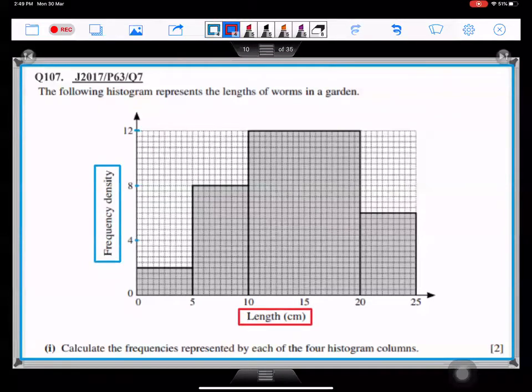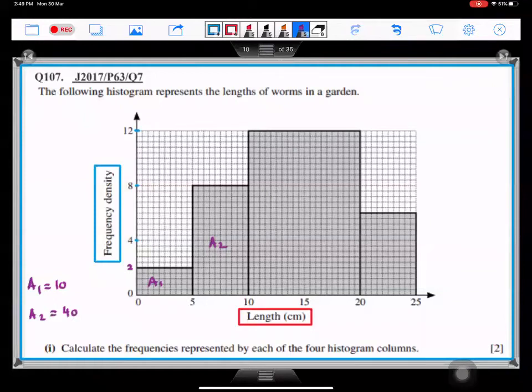That's the boundaries. In the first one, it's pretty straightforward. The width is 5 and the height is 2, so area 1 is 10. Similarly, 5 to 10, the height is 8. So area 2 is 5 times 8, which is 40.